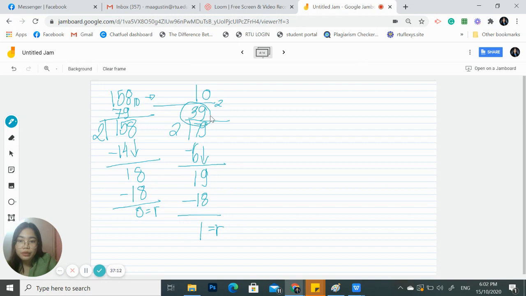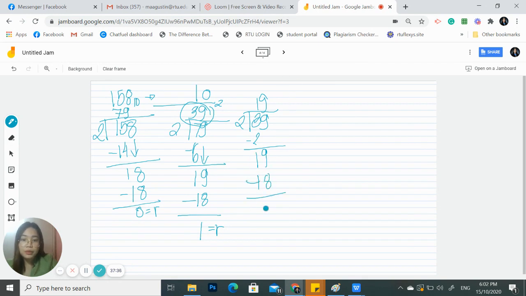Still have 39. So 39 divided by 2. So ito muna. 2 divided by 3, 1. 1 times 2. Okay, 1. So bring down 9. So 19 divided by 2, that will be 9. 9 times 2, that will be 18.